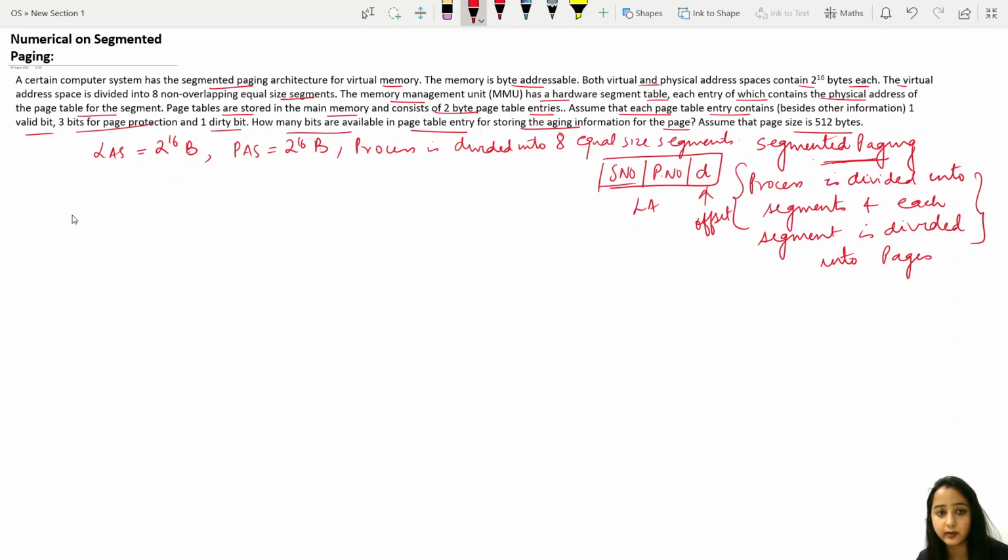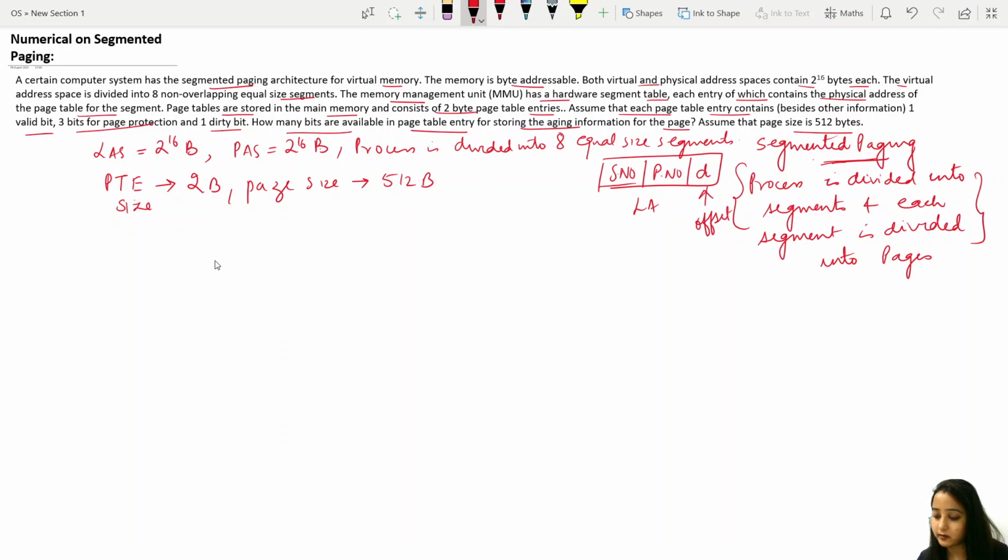This is given. What else is given? Page table entry size is given. What is it? 2 bytes. And page size is given as 512 bytes.